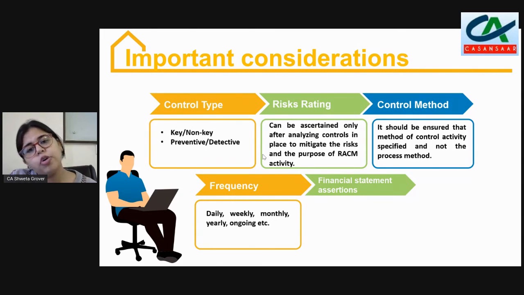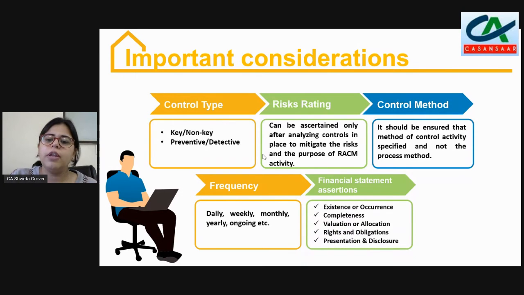So there won't be any financial assertions, or if there are, hardly any. This comes into the picture when we are preparing RACM for ICO purpose or for IFC purpose. So this specific column has to be mentioned only when we are preparing our RACM for IFC purpose. Otherwise, there is no need to expand that sheet and mention all these columns, because that will be of no use.